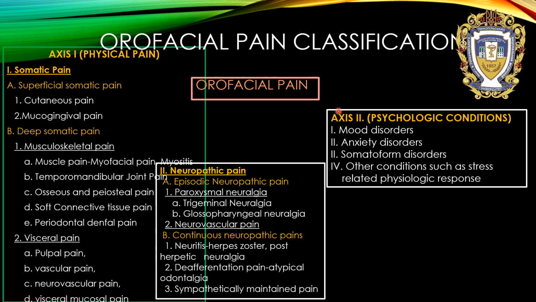Axis 1, somatic pain. Chapter A, superficial somatic pain. It can be cutaneous pain or mucogingival pain. Division B, deep somatic pain.